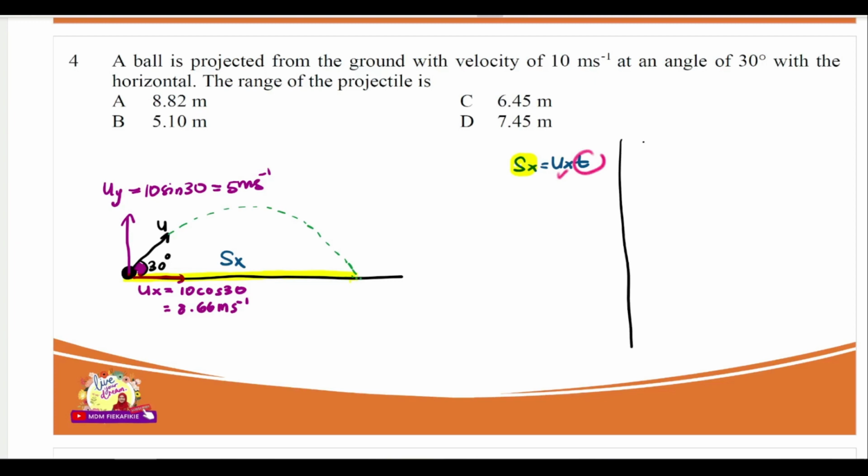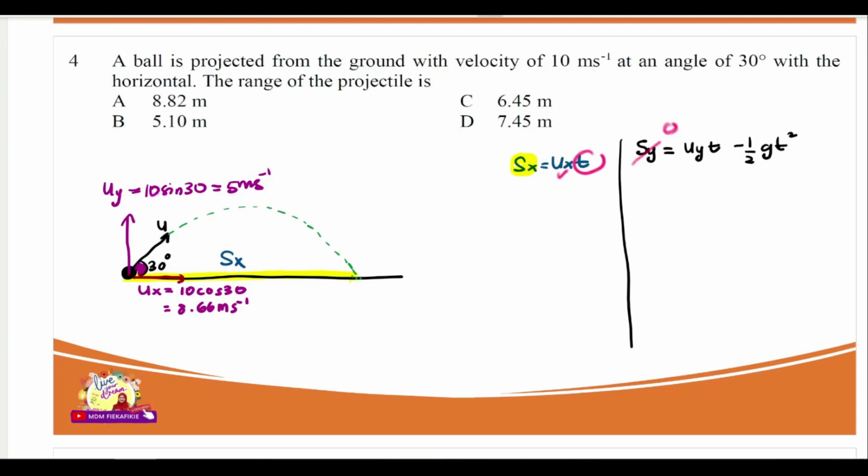We have UY, so we can find T by using equation SY equal to UYT minus half GT squared. If we look here, the ball is launched at this point and then it falls back to the ground. It starts here and falls to the ground again. So automatically SY is equal to 0.